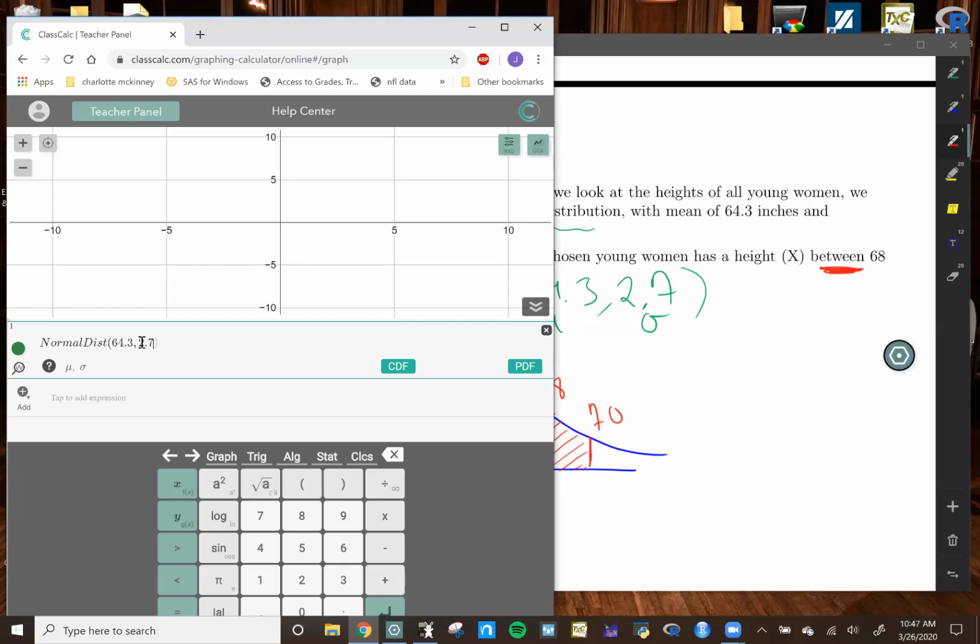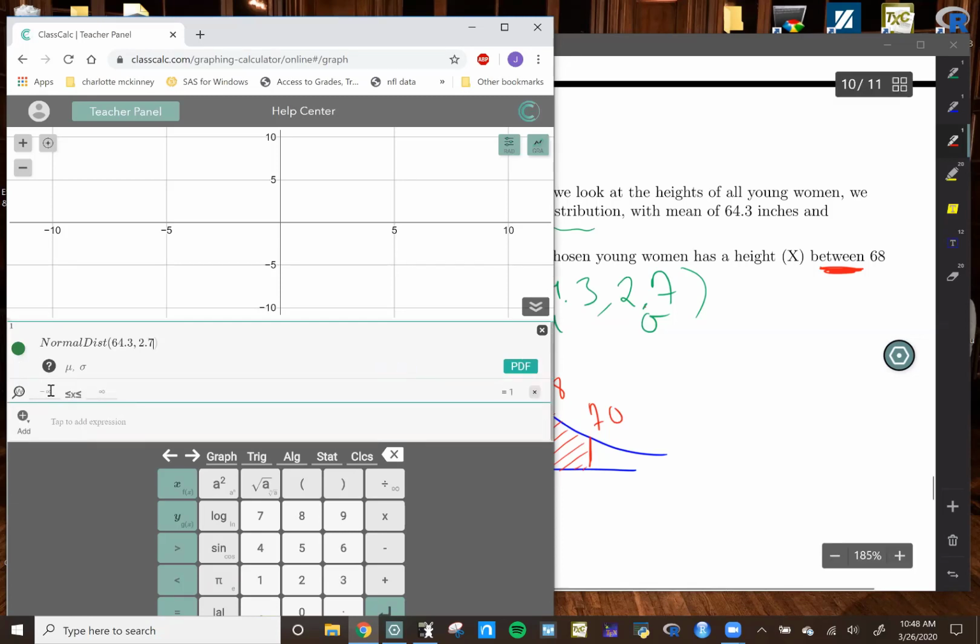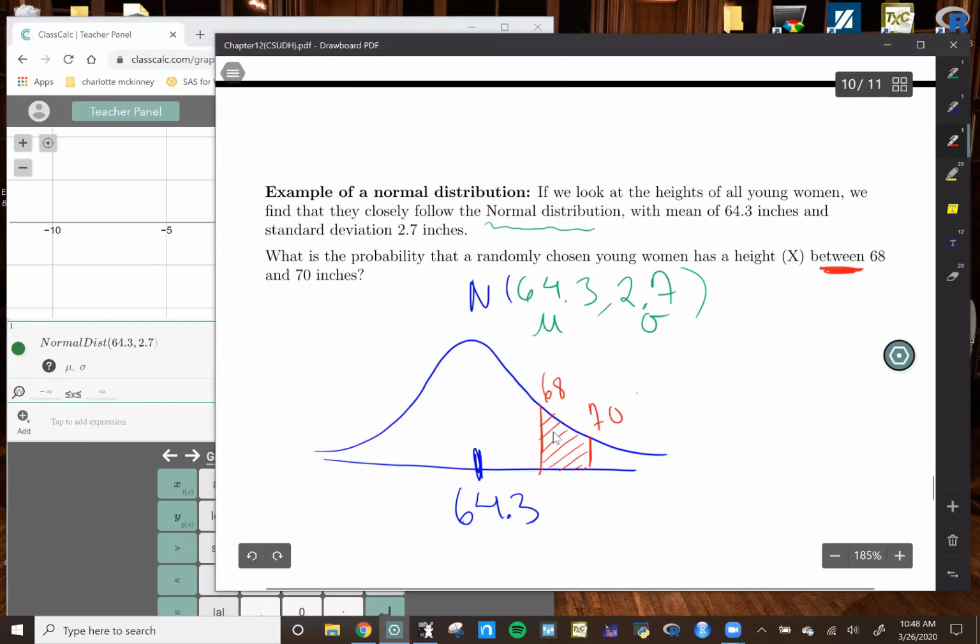Everybody good so far on normal distribution, putting in the mean and the standard deviation? Yes. Okay. So then you want to hit CDF because we want to find the probability. And it's telling us what's the lowest number and the highest number that gets shaded. By looking at the red area, what's the lowest number that gets shaded? 68.